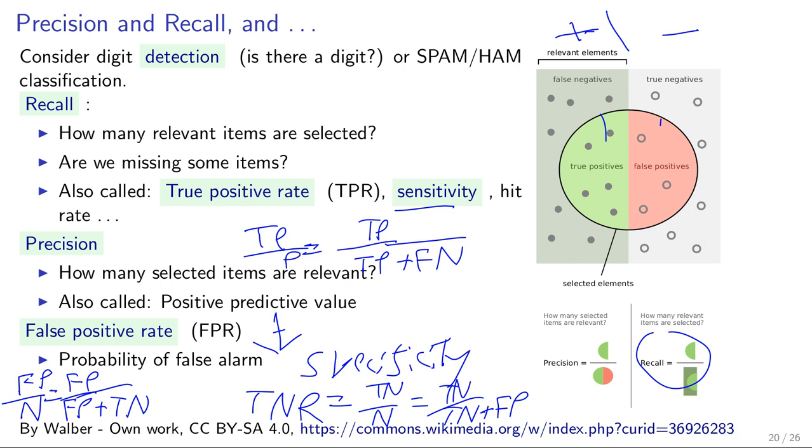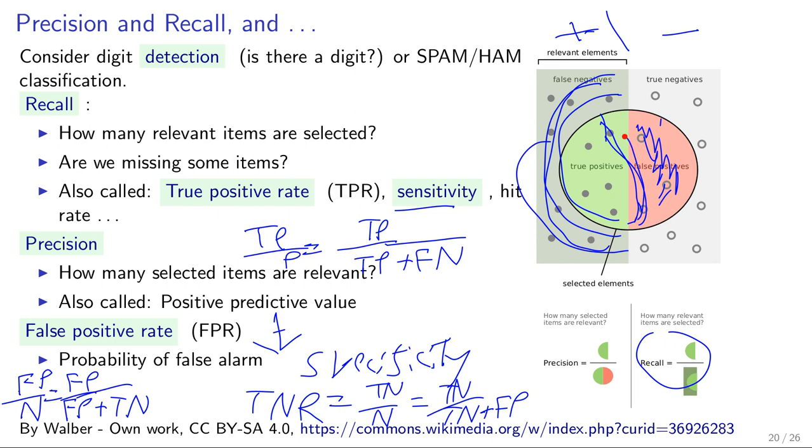Here are the true positives, the actually positive people are on this half, and I want to have this part of the pie as big as possible, and I want to have this other part of the pie as small as possible. So I want to minimize my green region here, and I want to minimize this red region here.